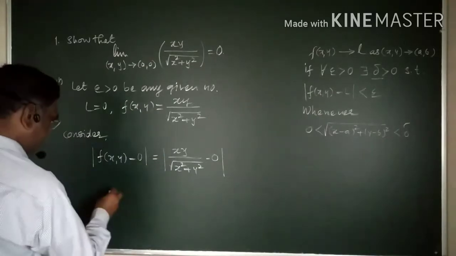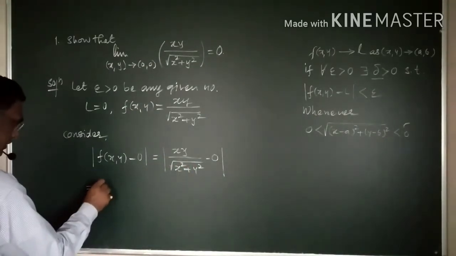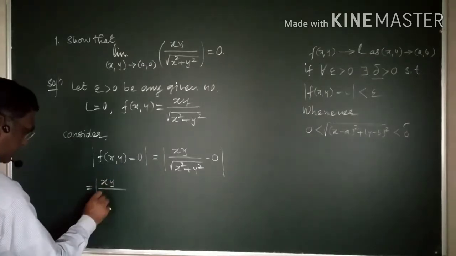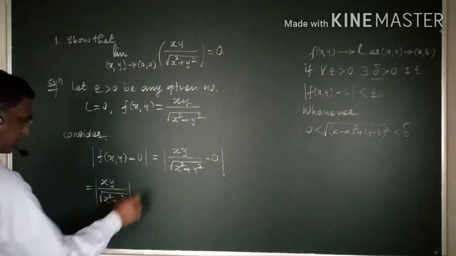Therefore, we can write it as the absolute value of xy upon root x square plus y square.